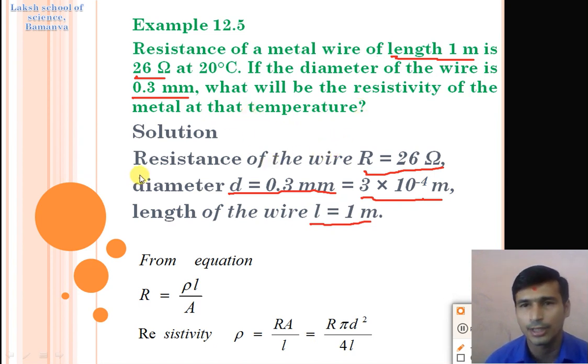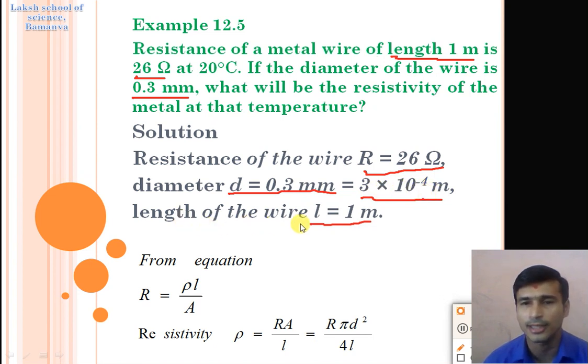So dear students, here the resistance of the wire, capital R, is given to you as 26 ohm. Diameter of the wire D is equal to 0.3 mm, right? We need to convert it into meter. 0.3 mm means 0.3 into 10 raised to minus 3 meter, or we can write it like this also, 3 into 10 raised to minus 4 meter.